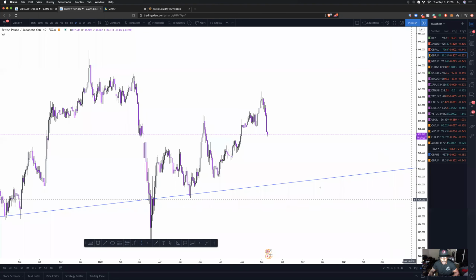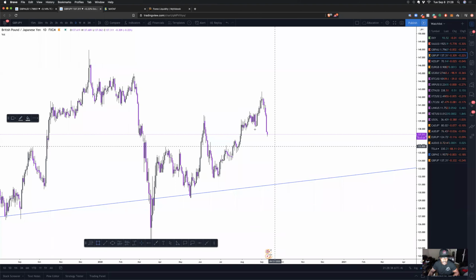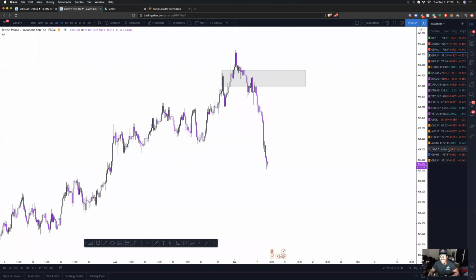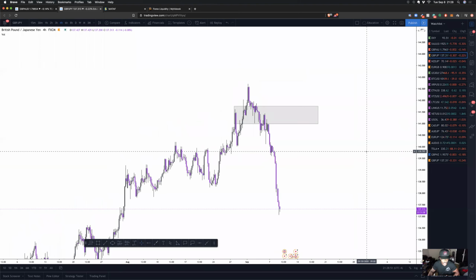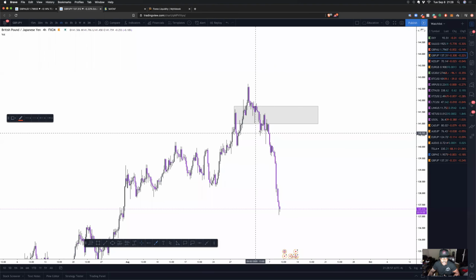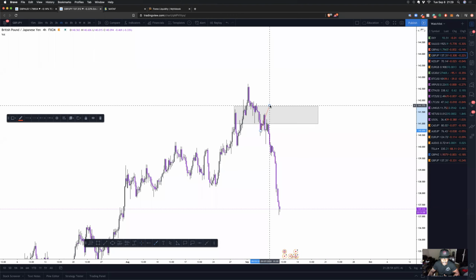All right, so I'm gonna highlight this area here because, and also another thing when it comes to trading, accountability. Since I'm a swing trader, I was waiting for the nice lower high pullback into the top of this region here before going short.